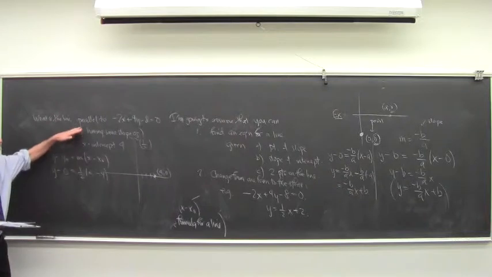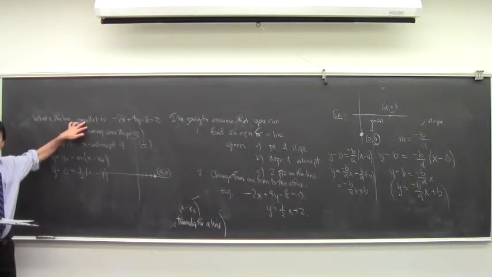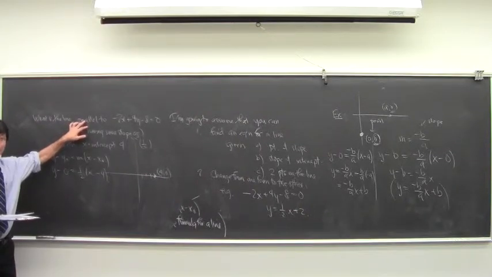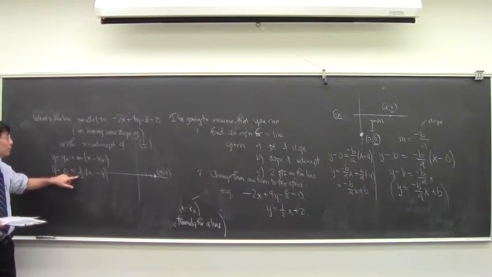What if I wanted the line perpendicular to that line? Does anyone know the slope of the line perpendicular? Oh, you all do, or many of you do. Cindy, what is it? Negative 2.